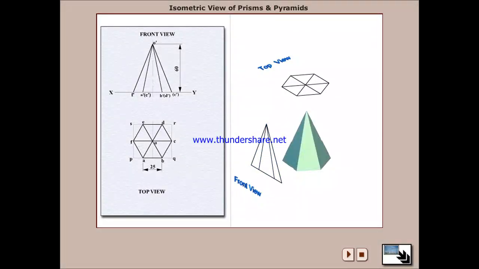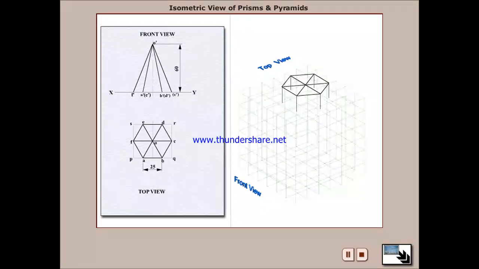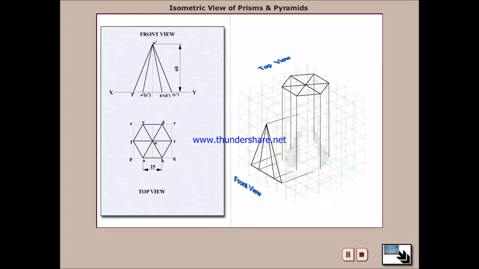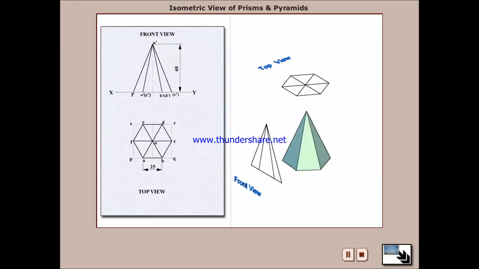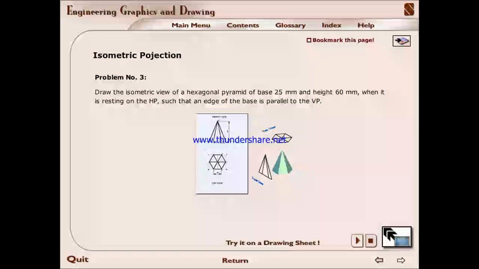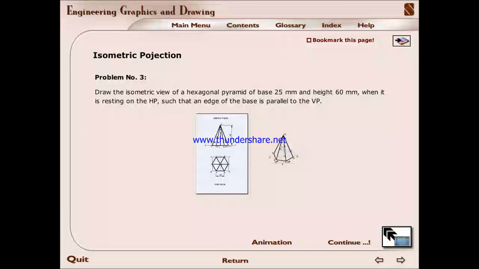So with this, once again you see, now with this concept you try to draw on the drawing sheet.